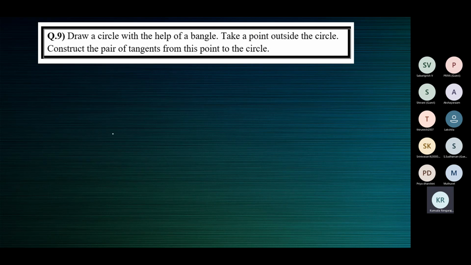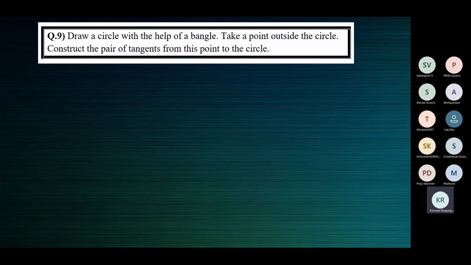Draw a circle with the help of a bangle. So what happens when you draw a circle with the help of a bangle? You do not know the center of the circle. When we draw a circle using a pair of compass, then you know the center.